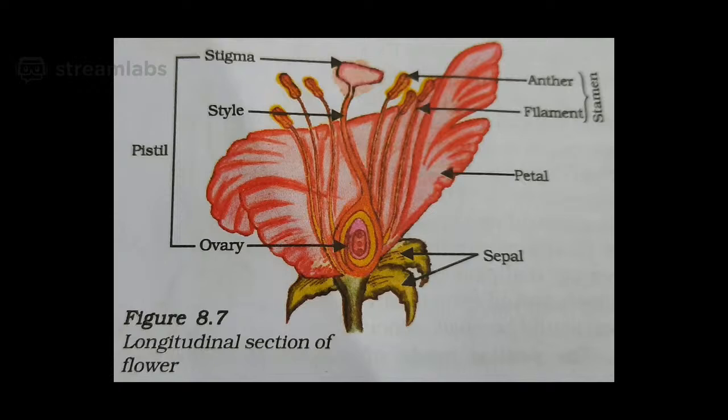Now, think that the pollen has been transferred from the stamen to the stigma. This is known as pollination. If the pollen is transferred from the stamen to the stigma of the same flower, then it is self-pollination.